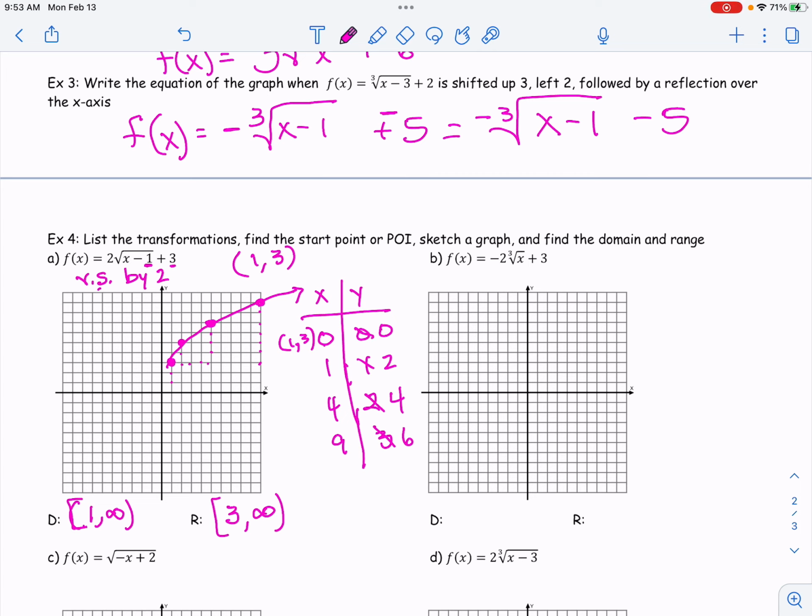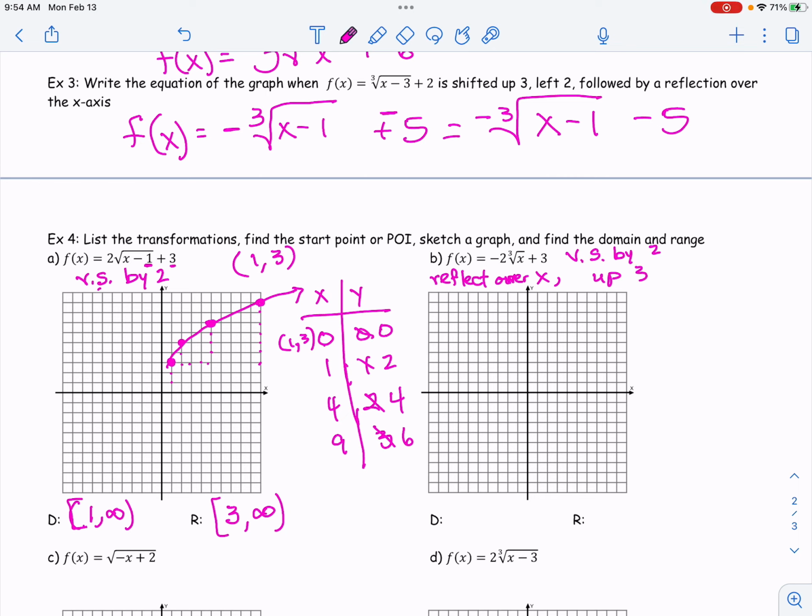This one, the transformations: reflect over x. It's been vertically stretched by 2, and it's been moved up 3.